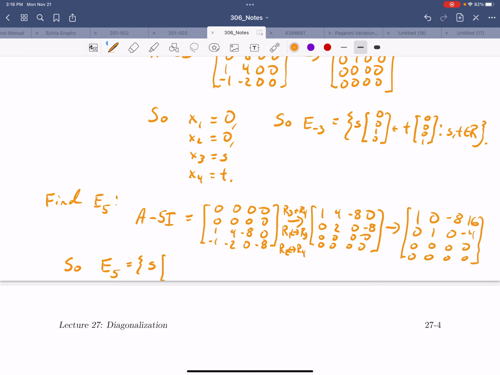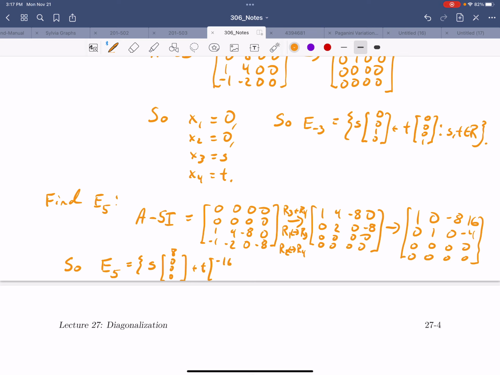so I guess what is that? Negative 8. No, I guess that's positive 8, sorry. Positive 8, 0, 0, 0. Oh, let me make that a little bit nicer. 8, 0, 0, 0. Plus t times, what's that going to be?